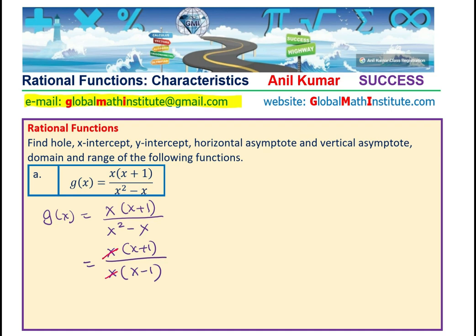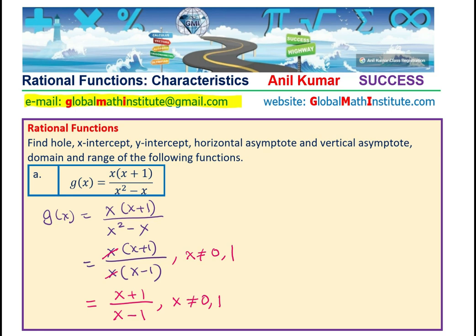This is going to give us a hole, right? So we should write here that x is not equal to 0 once we cancel, right? Second, also in the denominator, we are left with x minus 1. So it is not equal to 1 also, right? So I'll rewrite this as x plus 1 over x minus 1, where x is not equal to 0 or 1.